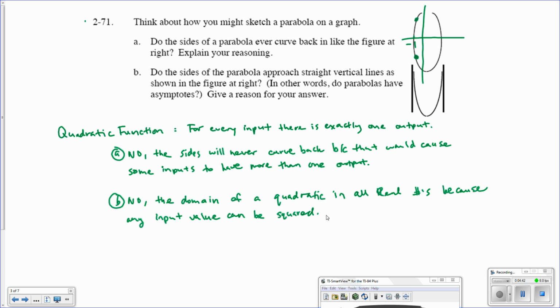You can also state that the domain could not be all real numbers if the parabola had vertical asymptotes.